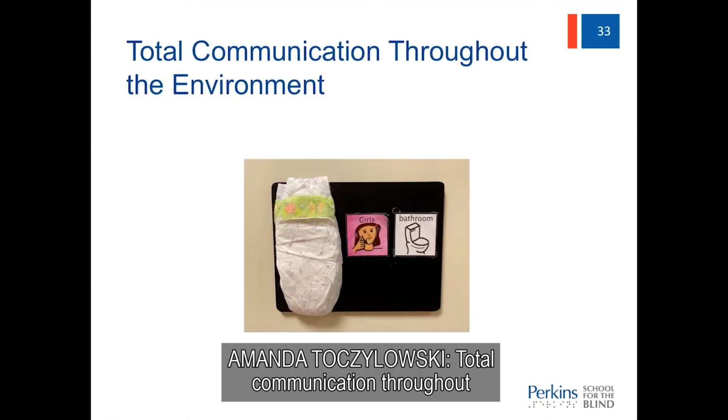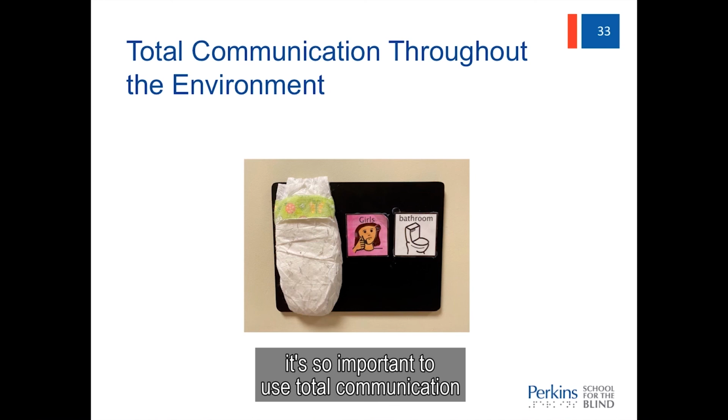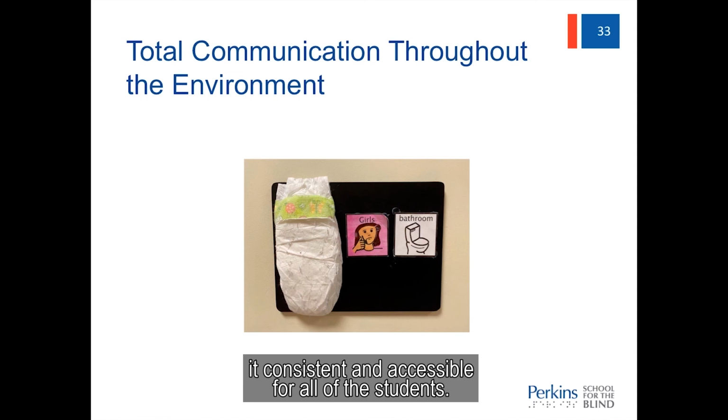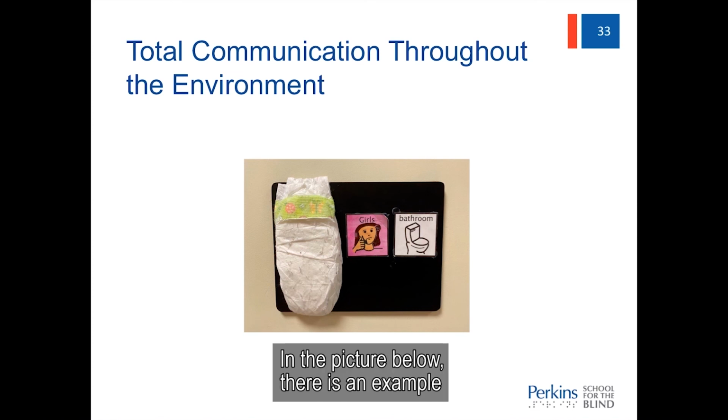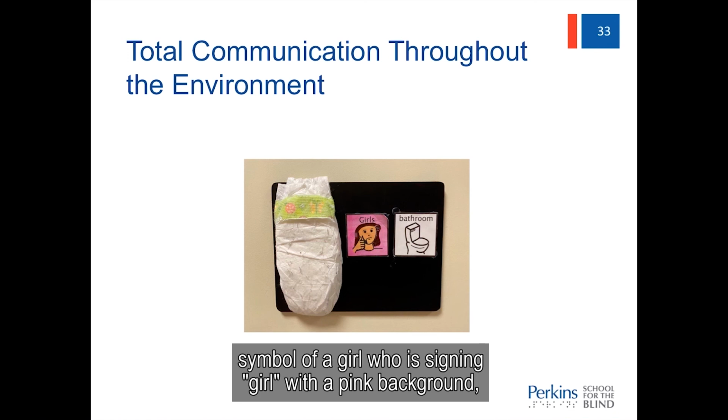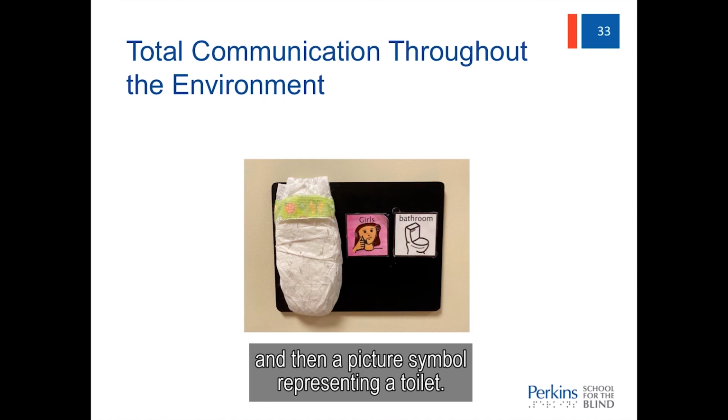Total communication throughout the environment. It's so important to use total communication throughout the environment and keep it consistent and accessible for all of the students. In the picture below, there is an example of the use of whole objects, using a diaper, a picture symbol of a girl who is signing girl with a pink background, and then a picture symbol representing a toilet.